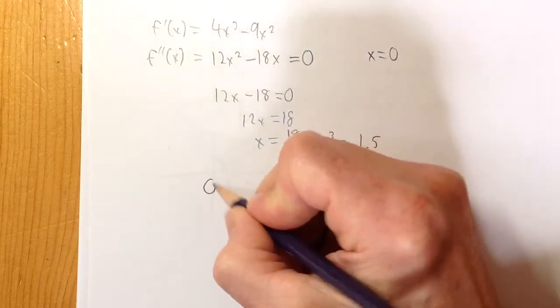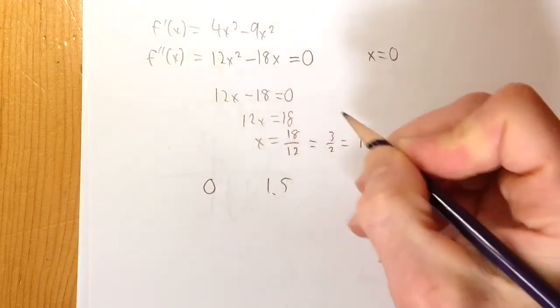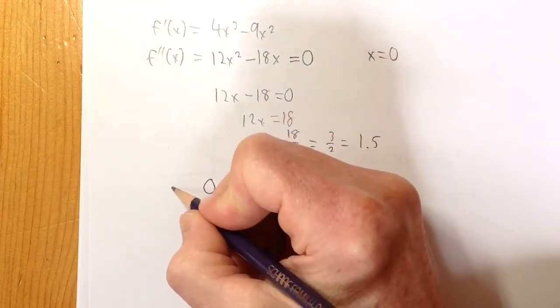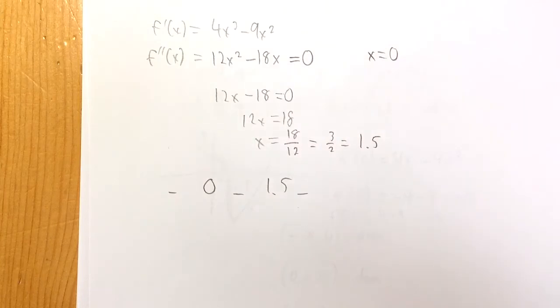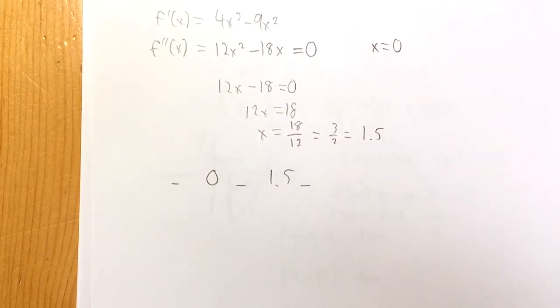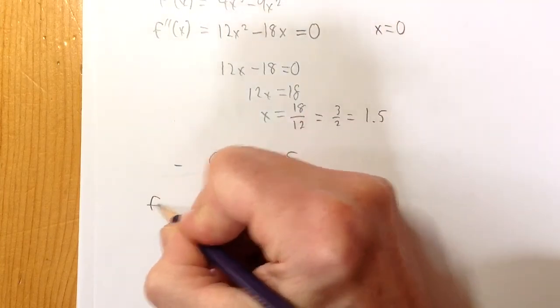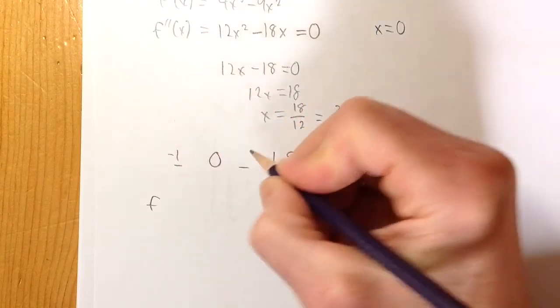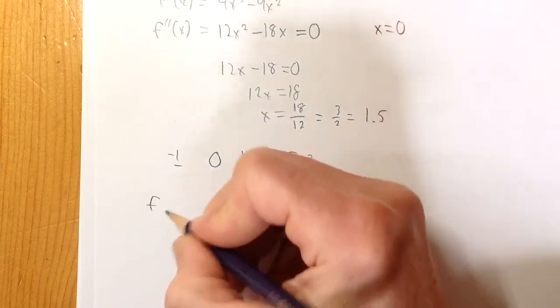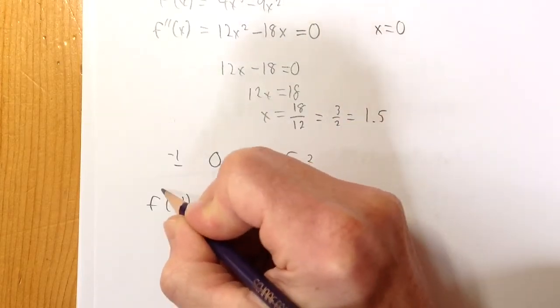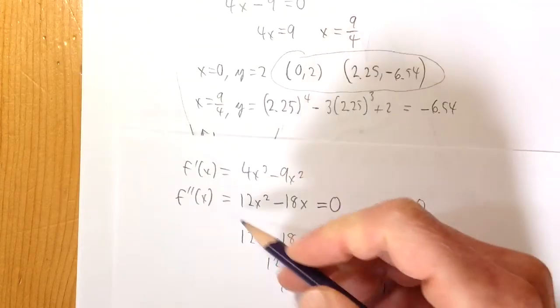We have 0 and 1.5. So we need to figure out a number here, a number here, and a number here on each side. What's the second derivative? Just like we did for the first derivative, you choose the easiest numbers. So let's choose this one here. Let's say it's -1. Let's choose 1, and let's choose 2. Okay, so what's the second derivative at -1? And again, this should be easy math.